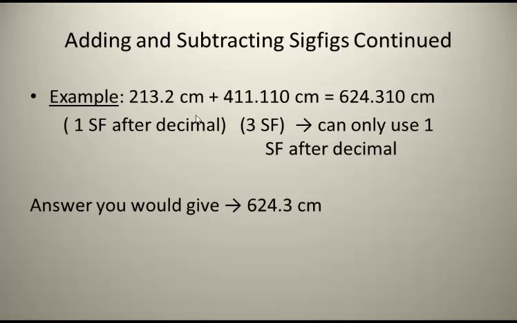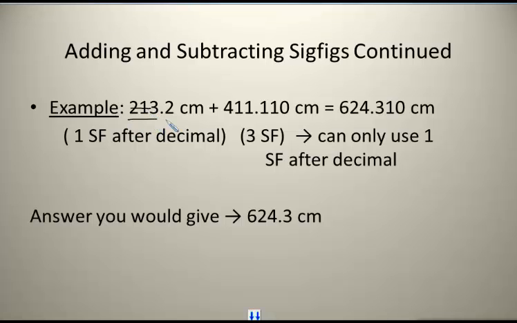So here's an example. If you put in your calculator 213.2 plus 411.110, your calculator would spit this out and say, well, this is the answer. But here, the ruler that we used can only go 1 number past the decimal. And here, the ruler was a little bit more precise and could go 3 numbers past the decimal.